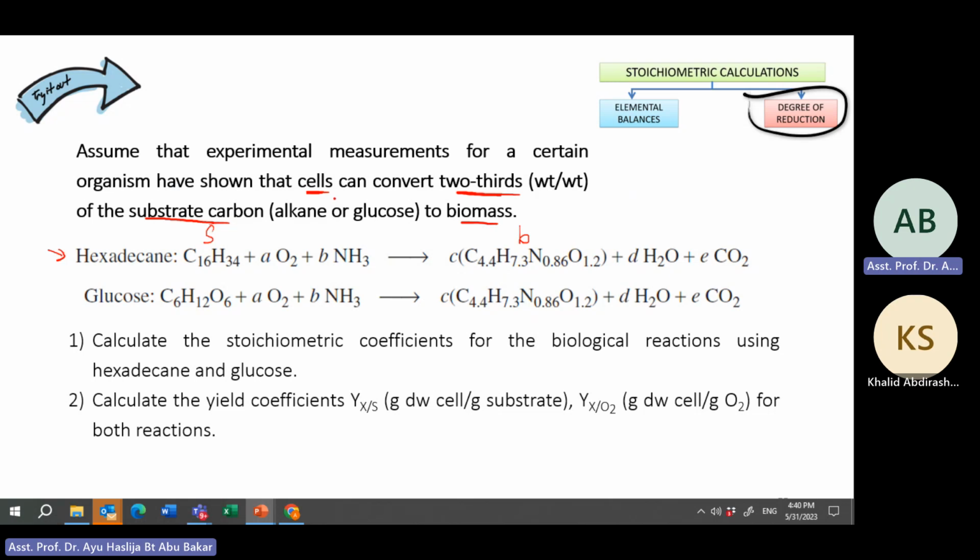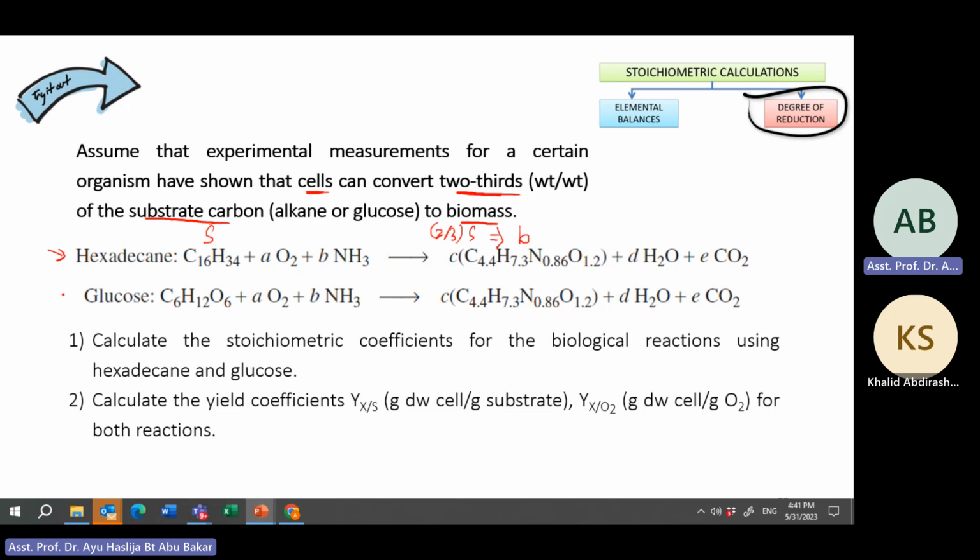Now here it mentioned the cell can convert 2/3 of the substrate to biomass. So this biomass comes from 2/3 of substrate. Okay, that is the info, because later on you will need this in your calculation.